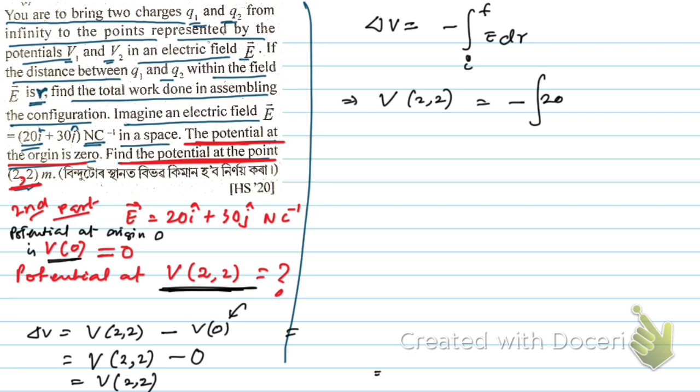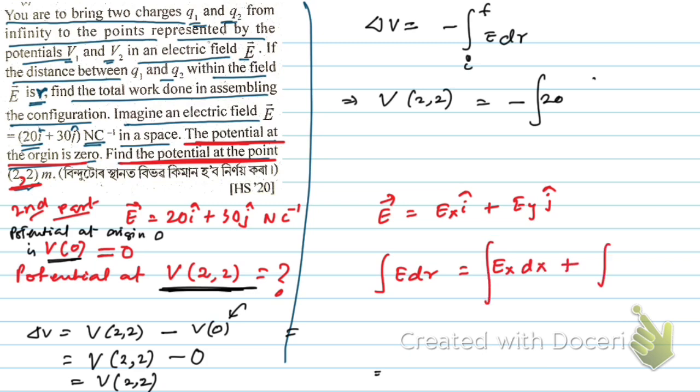Just wait. Let me show you one more thing. Now you see, suppose the electric field is Ex I cap and Ey j cap. Okay. Then this integration E dR can be written as integration Ex dx plus integration Ey dy. We can write that way.